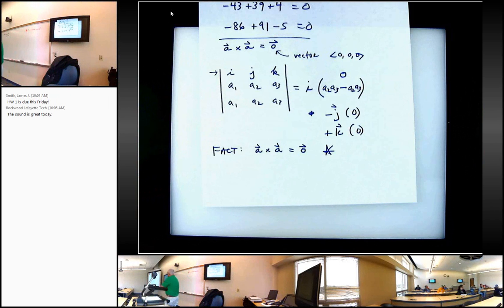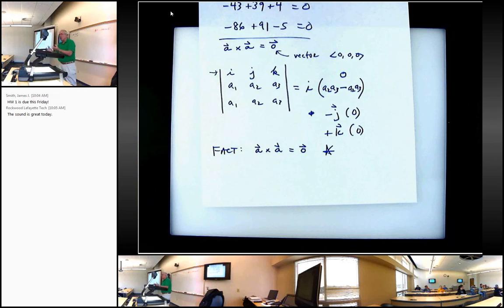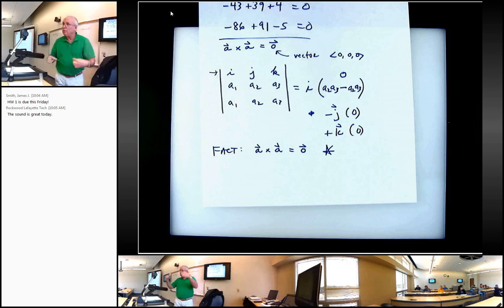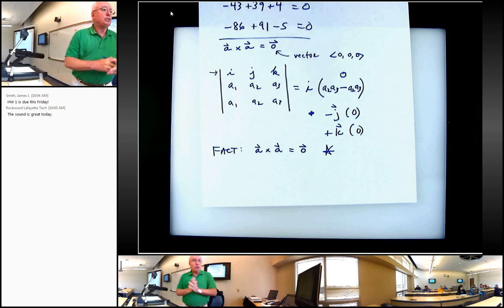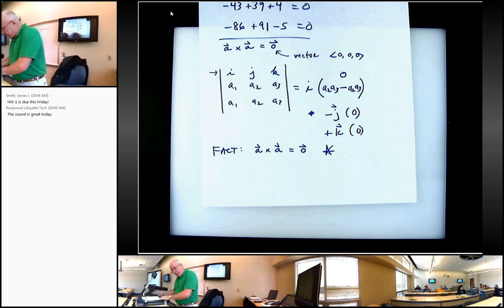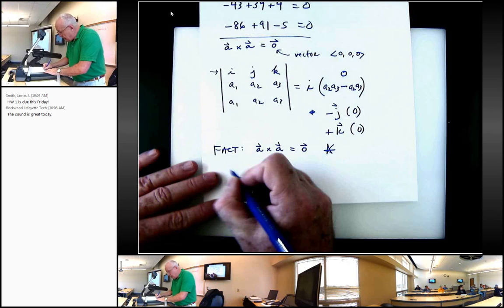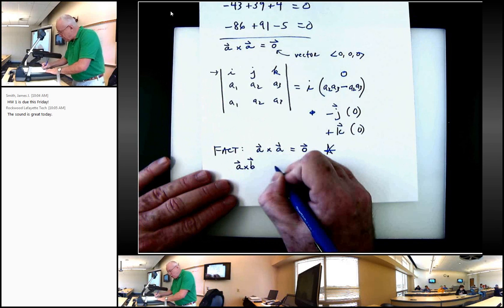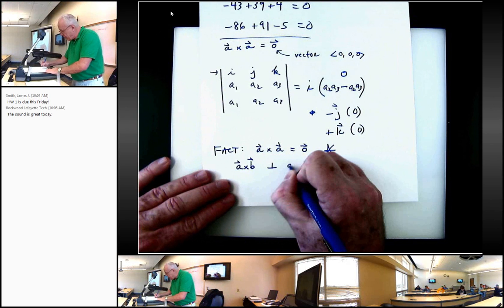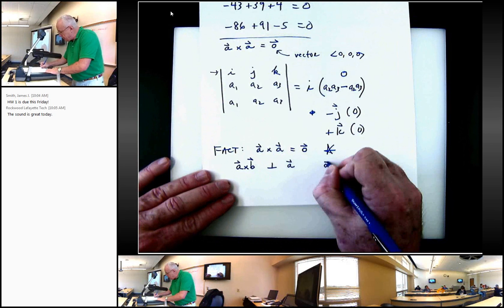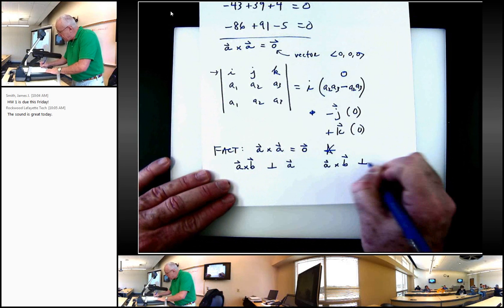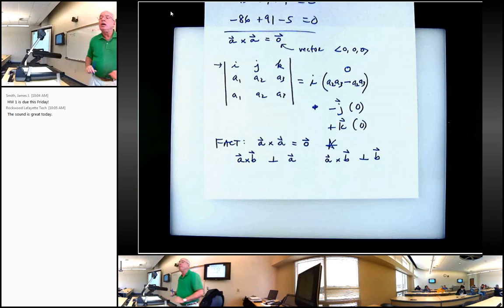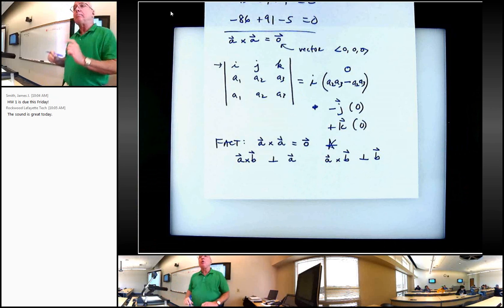and we know that the cross product gives us an orthogonal, perpendicular vector that's perpendicular to both of the starting vectors. So we have this. A cross B, we know, is orthogonal to A. A cross B is orthogonal to B. So therefore, the dot products are 0.